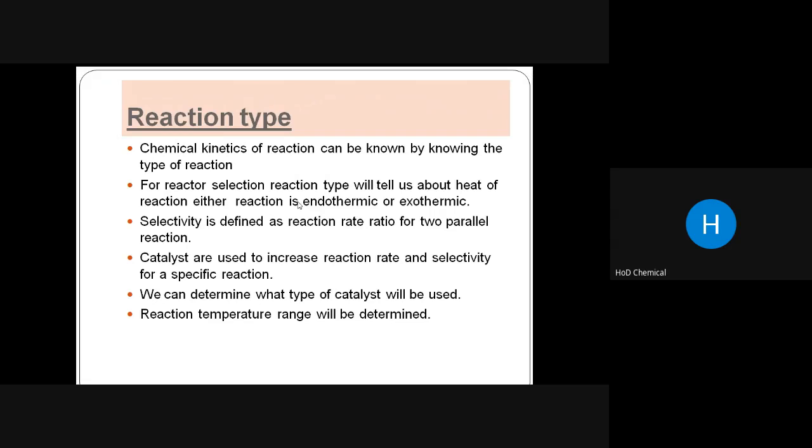From reaction type, first we have to know which type of reaction, either series or parallel, reversible or irreversible. And second, whether the reaction takes place under exothermic or endothermic conditions. And the third one, whether the reaction needs to proceed with a catalyst or not.